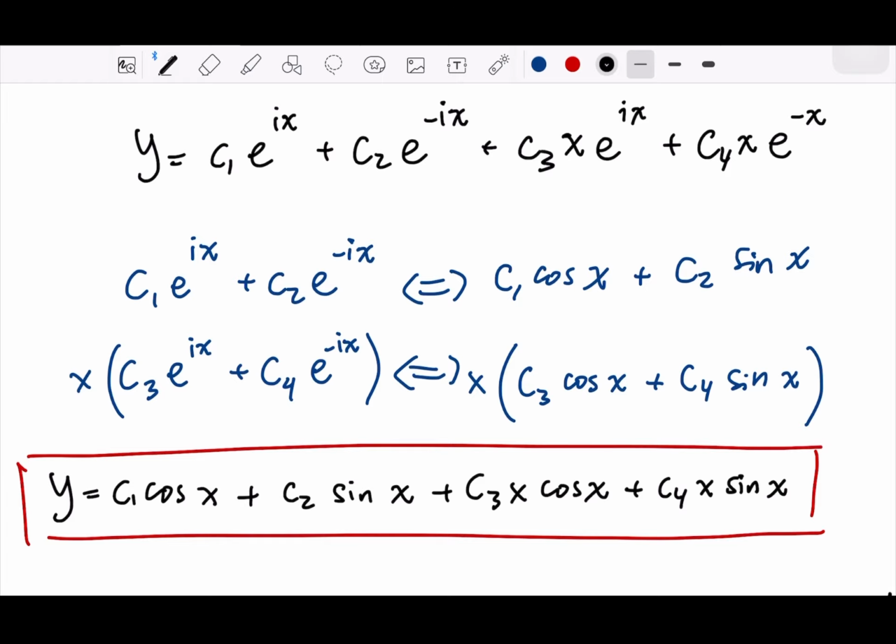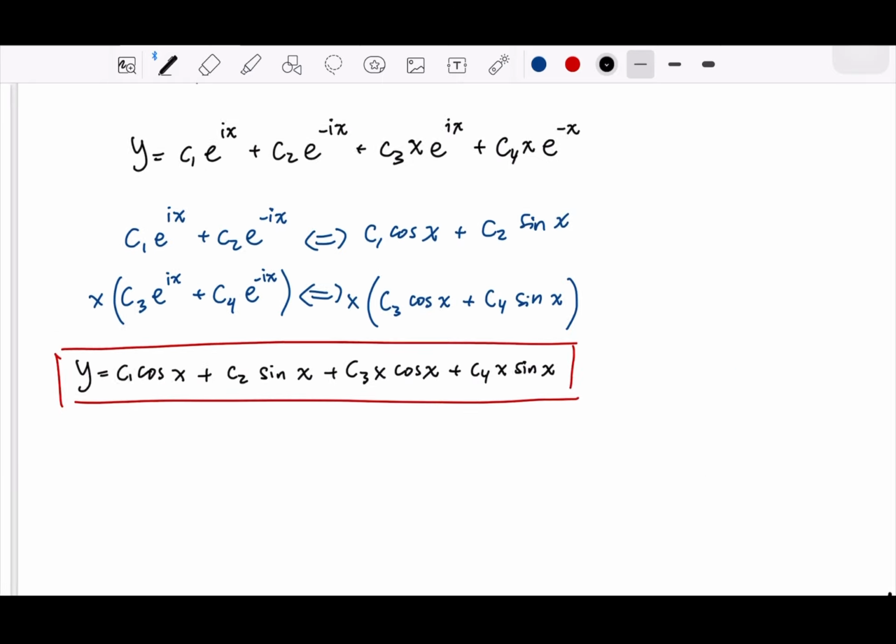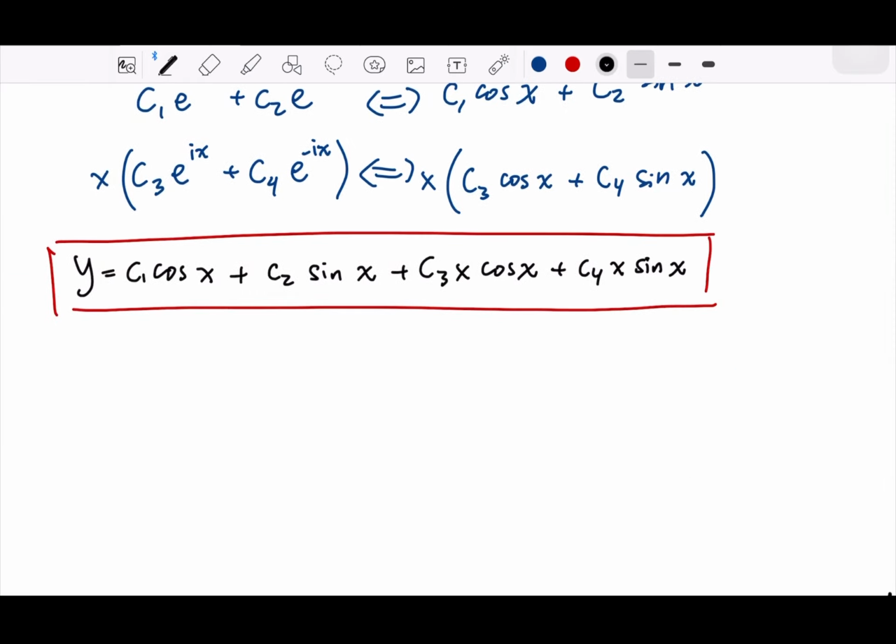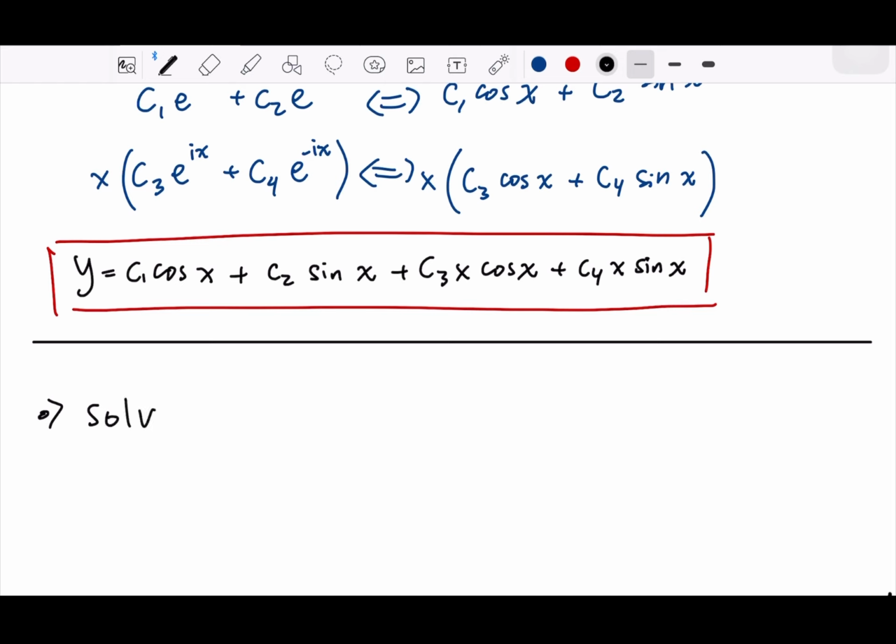Okay, now the next example. Solving third order 5y double prime plus 10y prime minus 4y equal to 0.